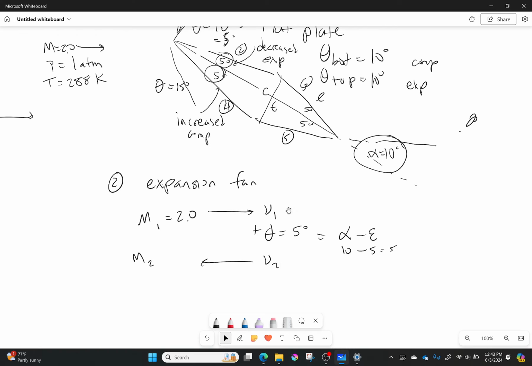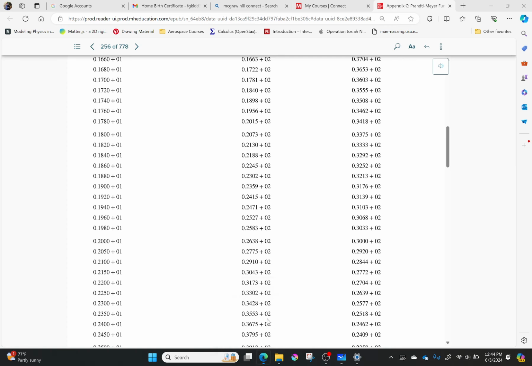So that's equal to 26.38. That means that my V2 is going to be equal to 31.38. And so now I have to jump back to those tables to actually get my second Mach number. So 31.73, that's close enough for me.